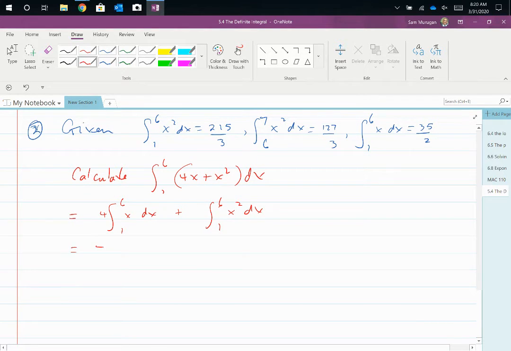So this is equal to 4 times the integral between 6 and 1, which is 35 over 2, so 4 times 35 over 2, plus between 6 and 1 x squared, which is 215 over 3.